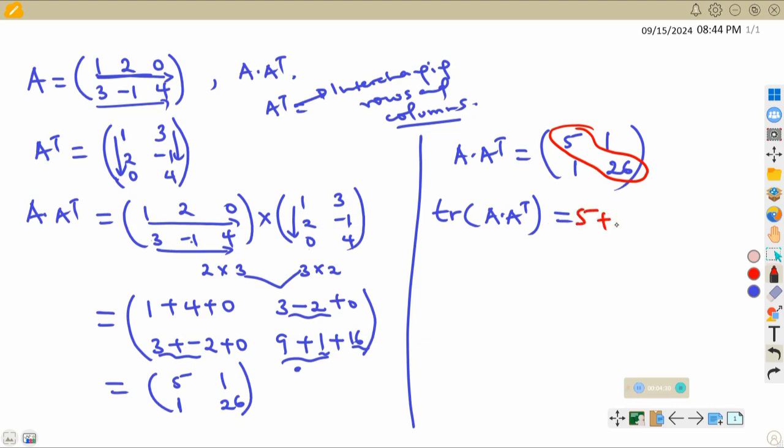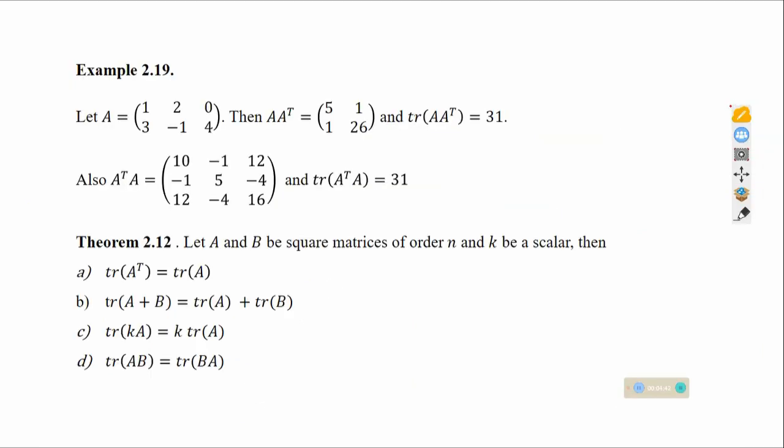So that is 5 plus 26, and this will be the same as 31. So we obtain the trace of A times A transpose as 31. So that's what we obtained here. So that is the answer for that question.